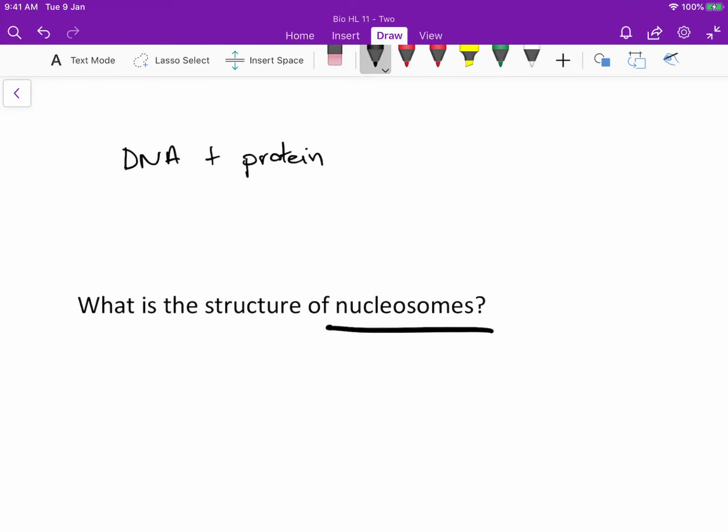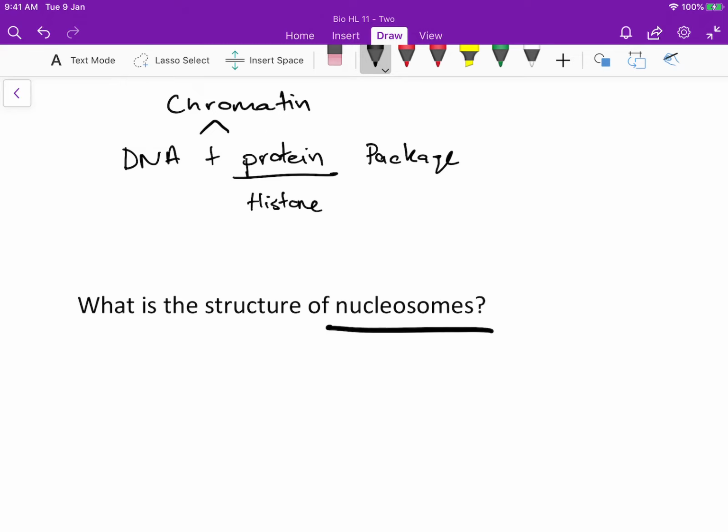So we're using protein to help package, and these proteins are histone proteins. So if we think about the fact that it's not just DNA, it's DNA and protein, we can call DNA and protein chromatin.